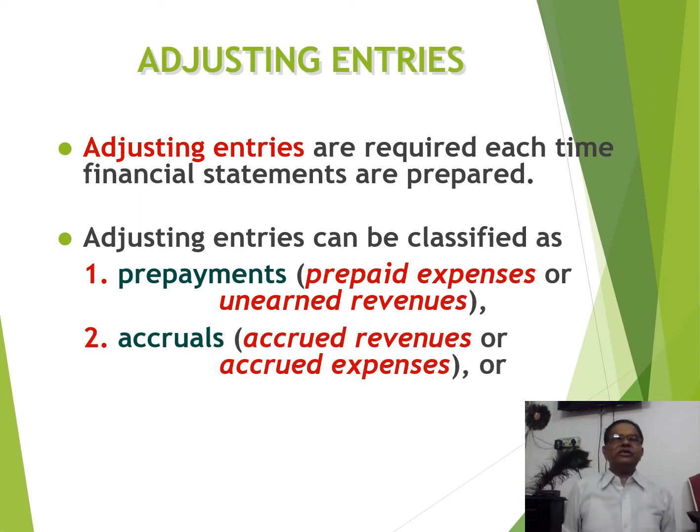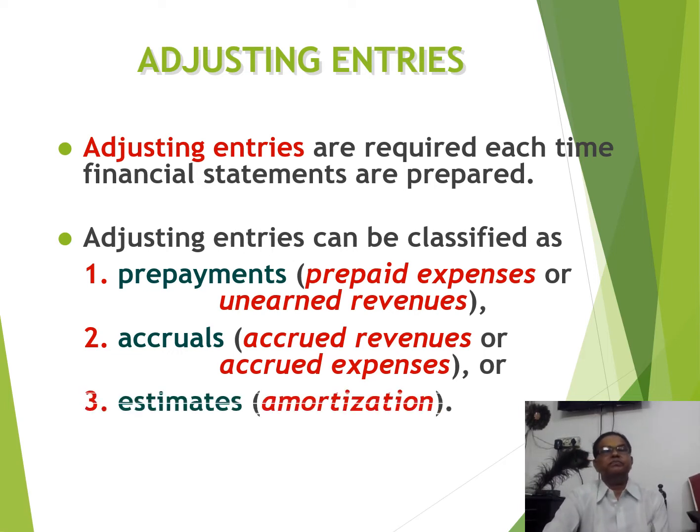They can be classified under three heads: prepayments, that is prepaid expenses or unearned revenue; accruals, that is accrued revenue or accrued expenses; and estimates, that is amortization of goodwill and preliminary expenses.